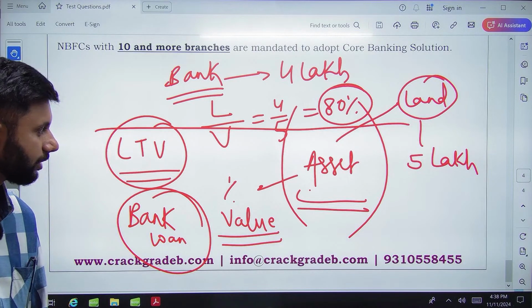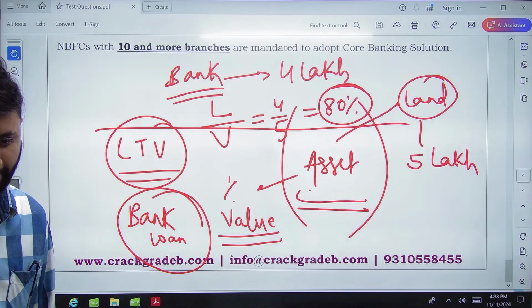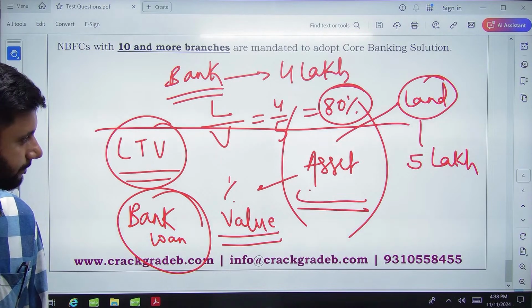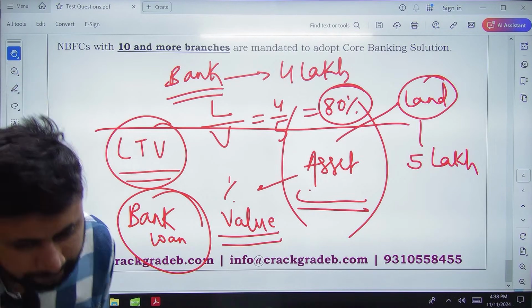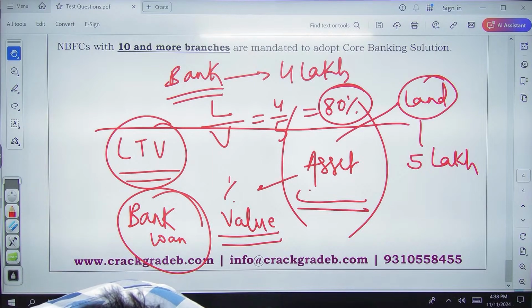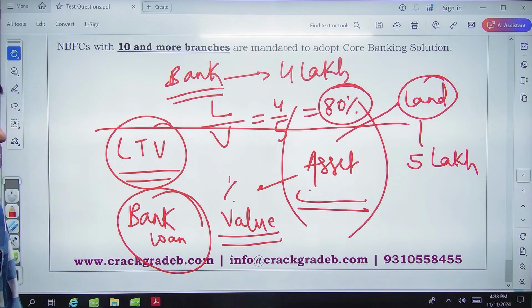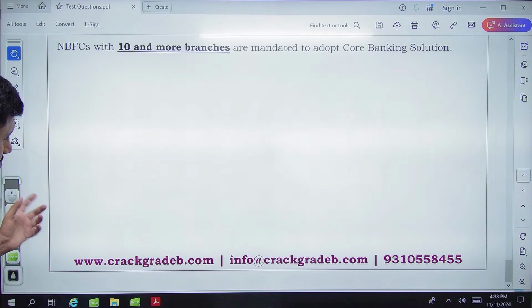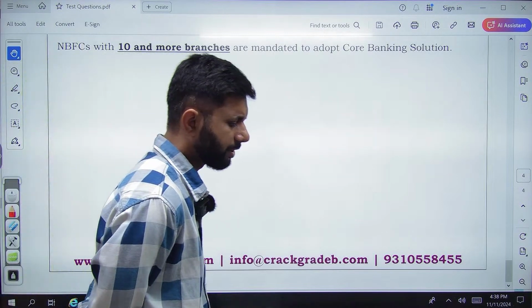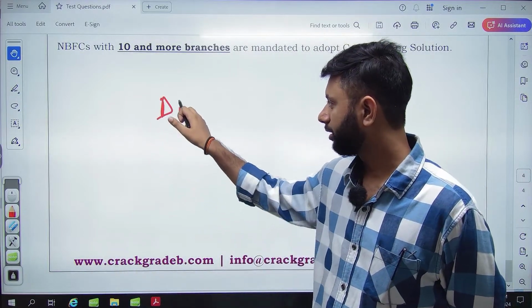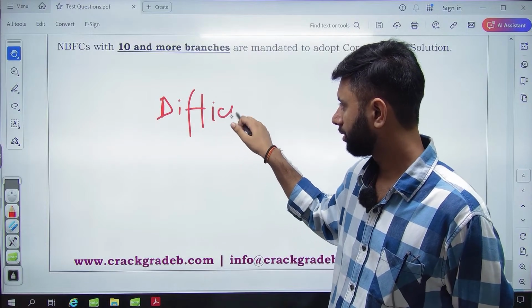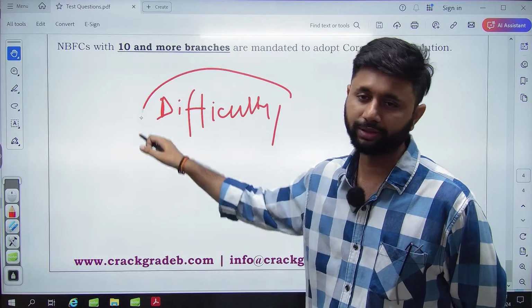Sure, I didn't give the phase 2 of RBI. Basically, with respect to the RBI examination, all you need to understand is that no matter how much difficulty there is, primarily it is the same for everyone.